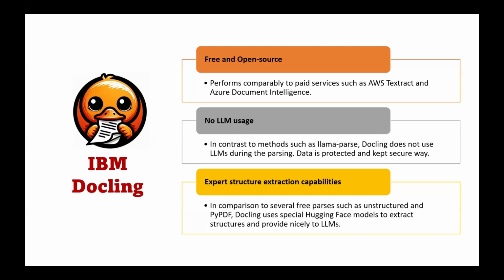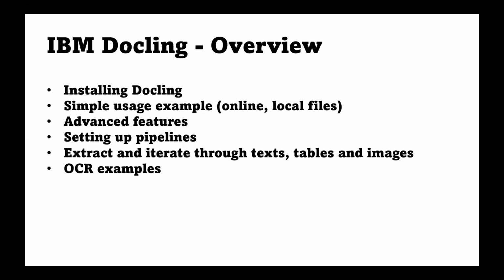All right, so next, without much talking, let's move to our Google Colab notebook. Before that, I will provide an overview of what we are going to cover. First, we will talk about installing Docling, which is a really straightforward pip install, and then a simple usage example with an online document as well as a local file.